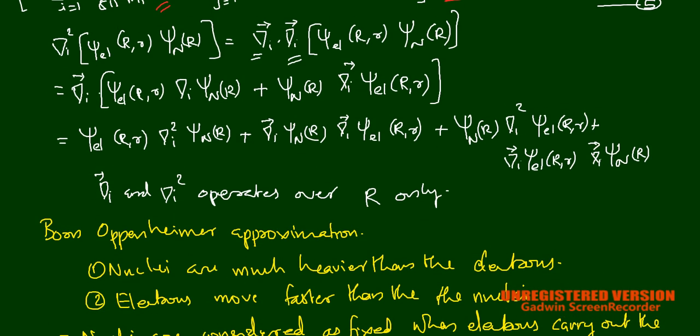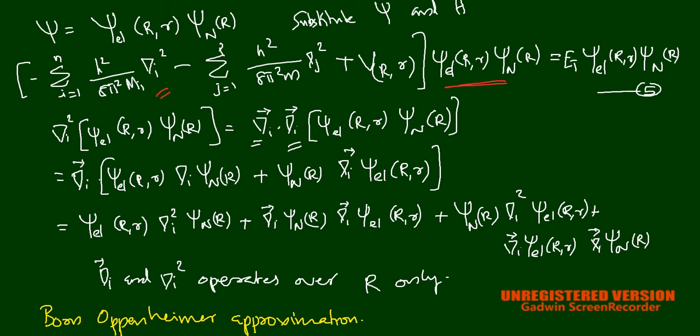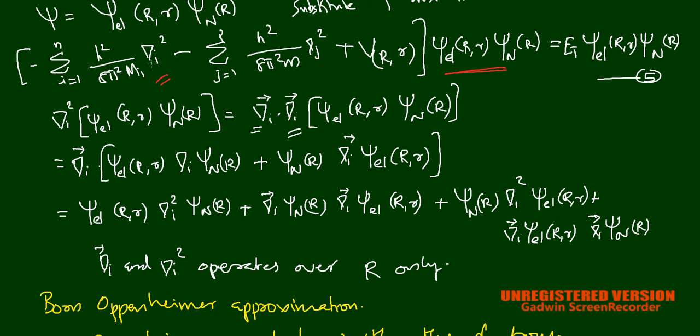Now we have the Schrodinger wave equation. In the Schrodinger wave equation, we have expanded one term, del I square of psi electronic(r, R) psi nuclear(R). That is what we have expanded here, right? And because of the Born-Oppenheimer approximation, the changes in psi electronic(r, R) due to changes in R are negligible. Okay, that is very important.